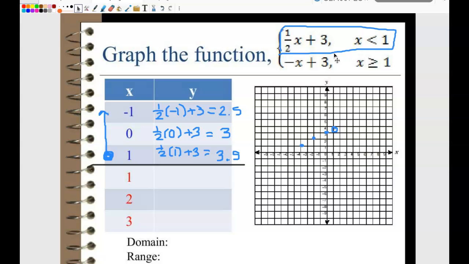Or it's like saying up 1, right 2, up 1, right 2. So there is that first part of my graph. So the blue part has an open circle at (1, 3.5). It's applying a slope of 1/2, x plus 3. So it goes through the y-intercept 3.